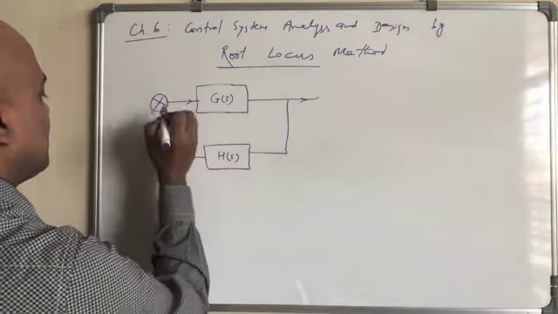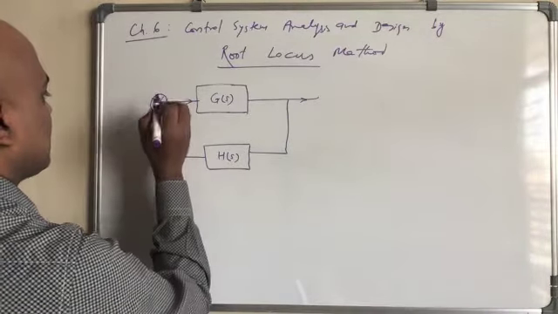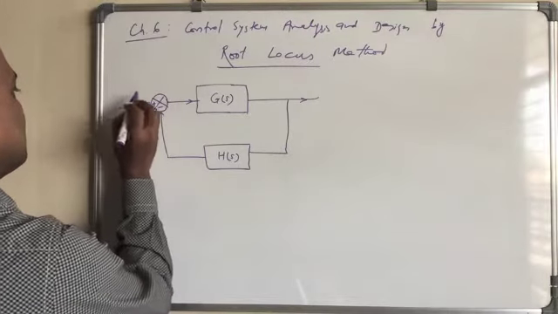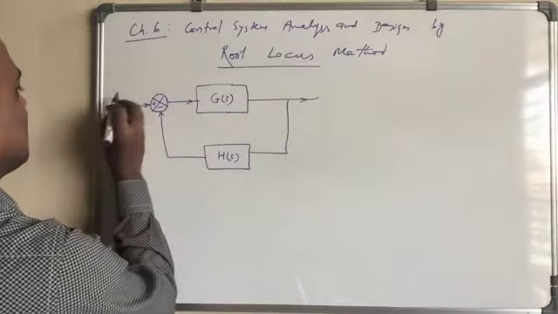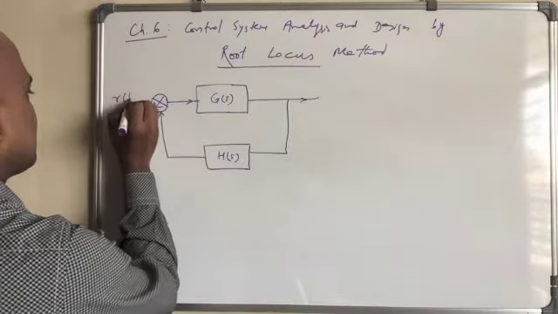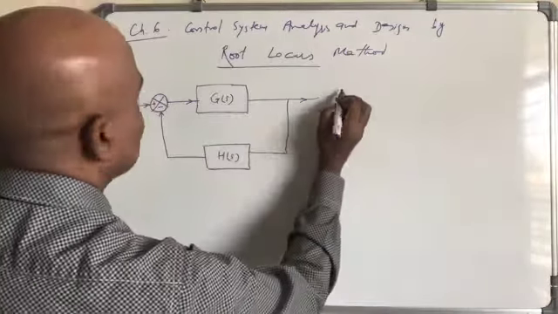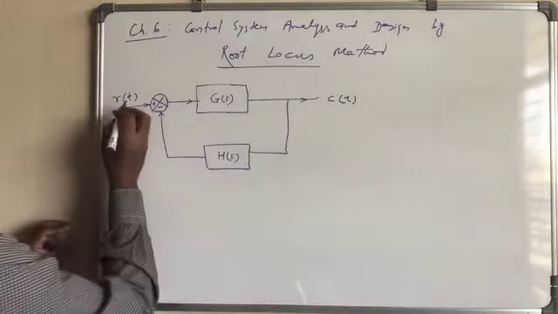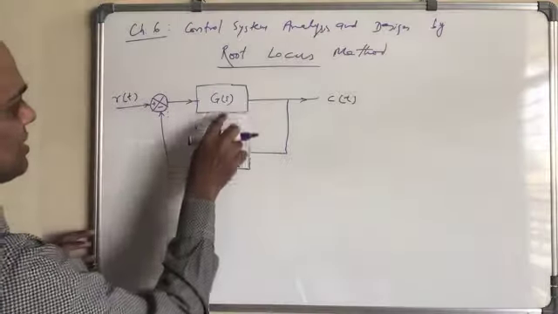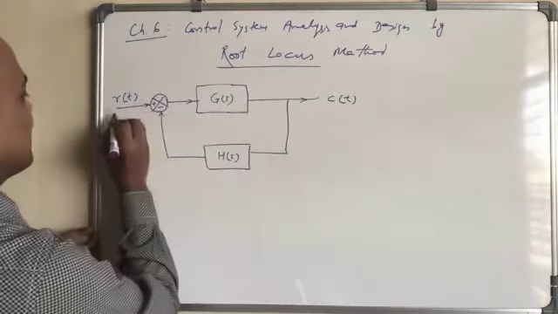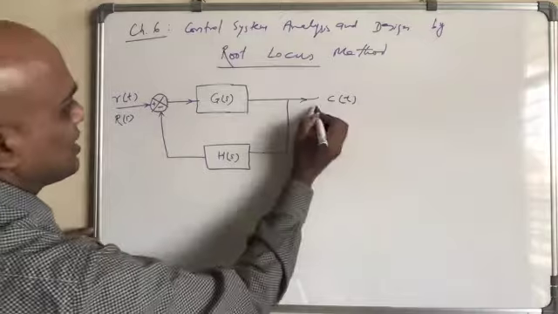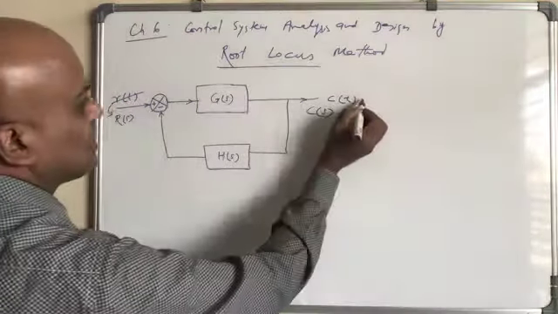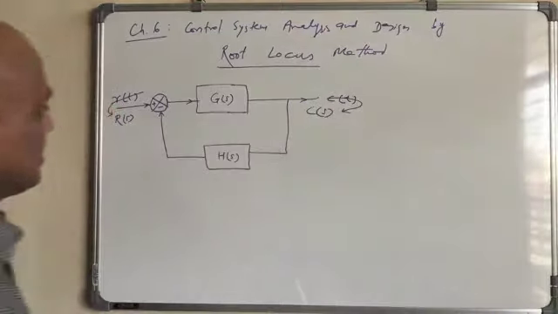So we have here negative feedback, so minus, this plus. Here we have the reference, say R(t), and then here C(t). Since this is all in S domain, we can also write here R(s), and here C(s). Since everything is in terms of s, we write like that.